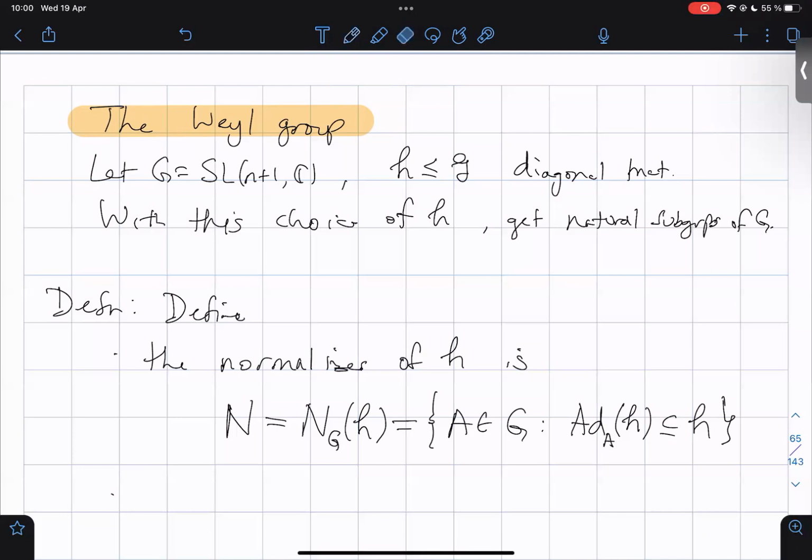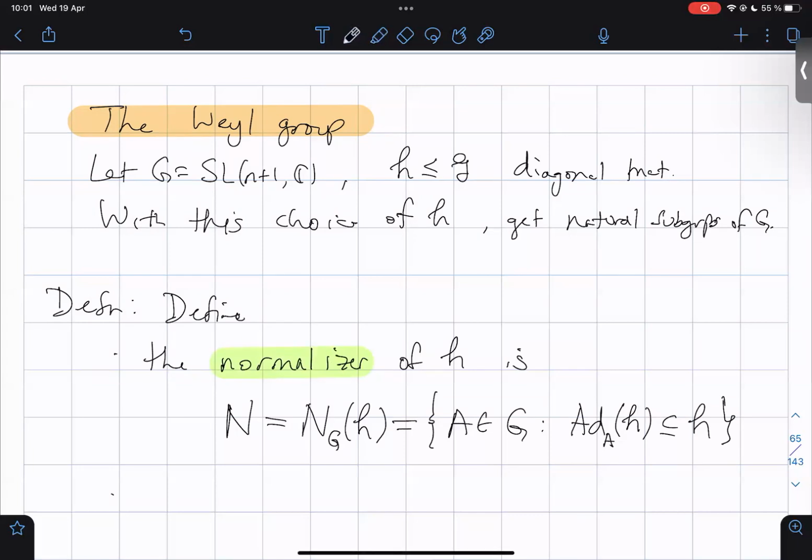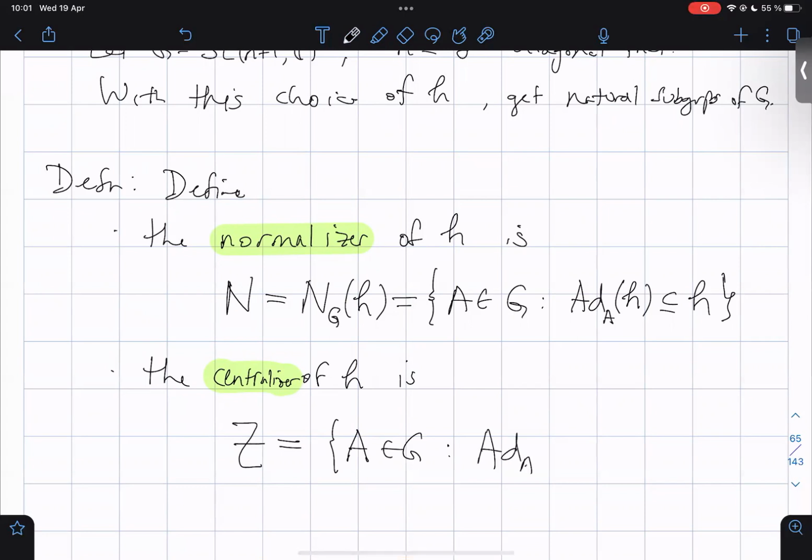The normalizer. There's also the centralizer of H. Those are the elements of G that preserve each element of the Cartan subalgebra.